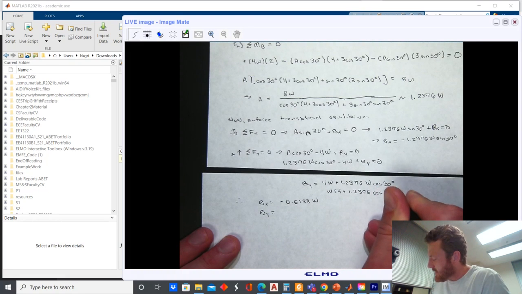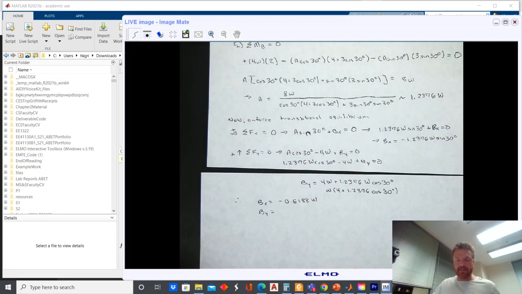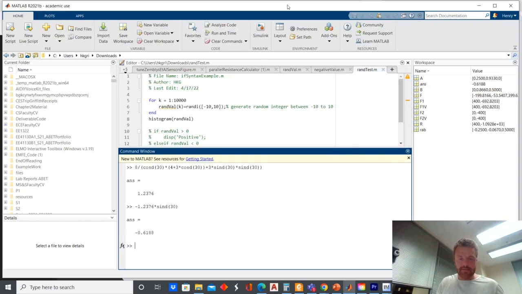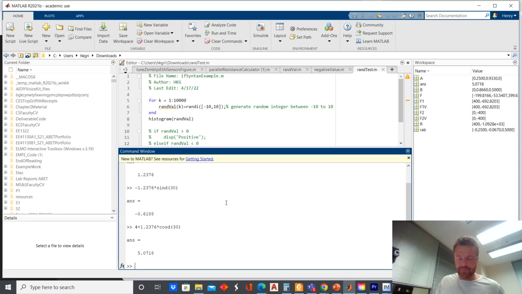So when you see me put this term into the calculator, that's why I'm doing that. I can get an expression for y is 5.0718 W.